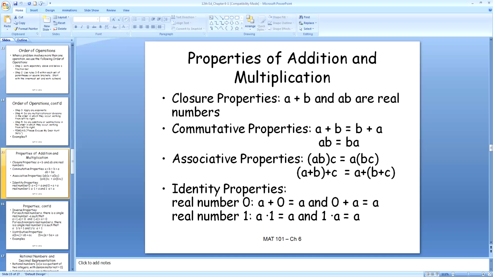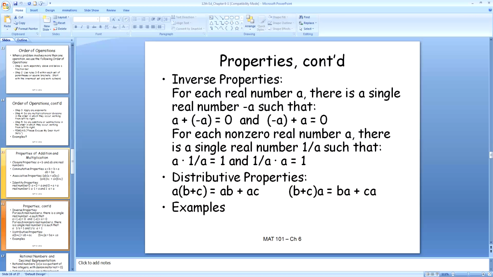Similarly, there's a real number 1 such that if you multiply any number A times that, you get the number A. A times 1 is A, and 1 times A is A. There's an inverse property as well.